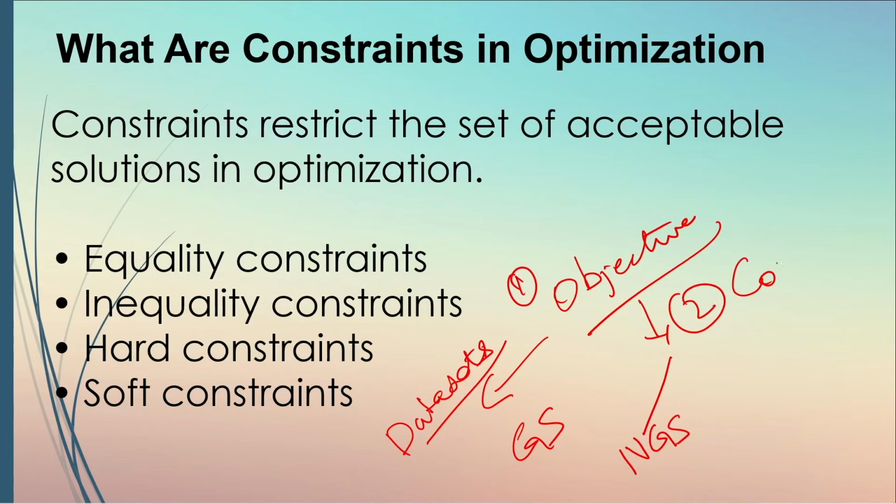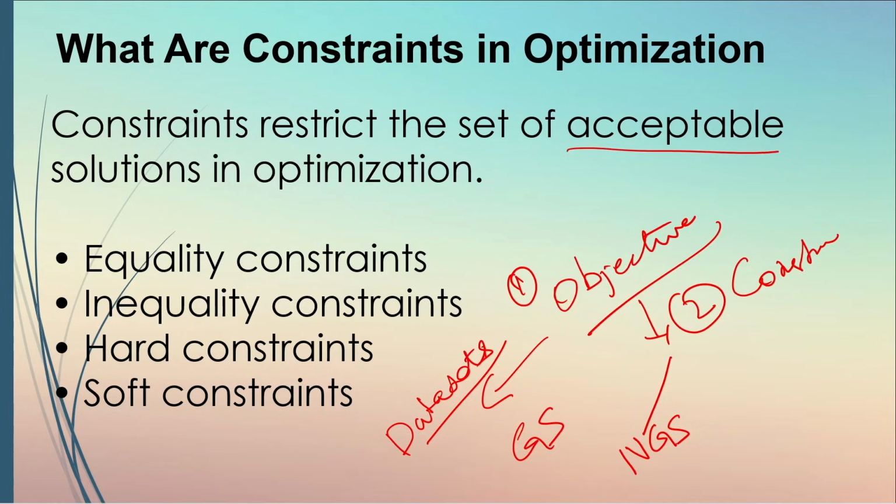And the other most important factor in an optimization method, apart from the objective function, is the second one, the constraint. How to handle the constraint? The constraints are nothing but restrictions imposed on the acceptable solution. Suppose for example you are solving an objective function f of x and you obtain a solution and you feel that the solution is a very good solution for your objective function.